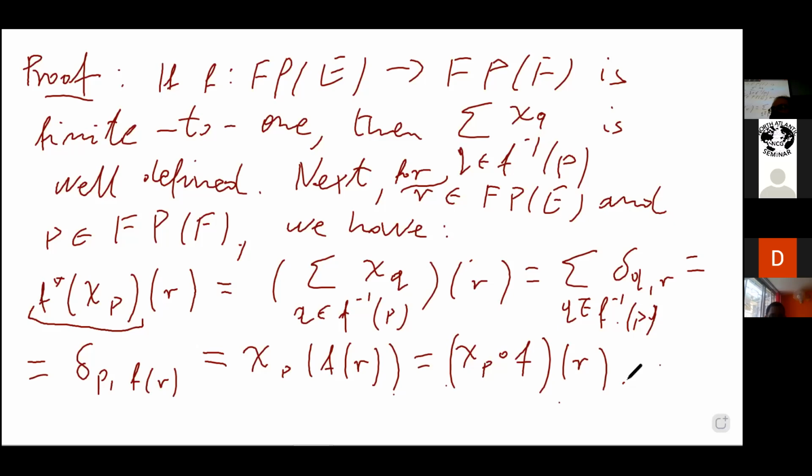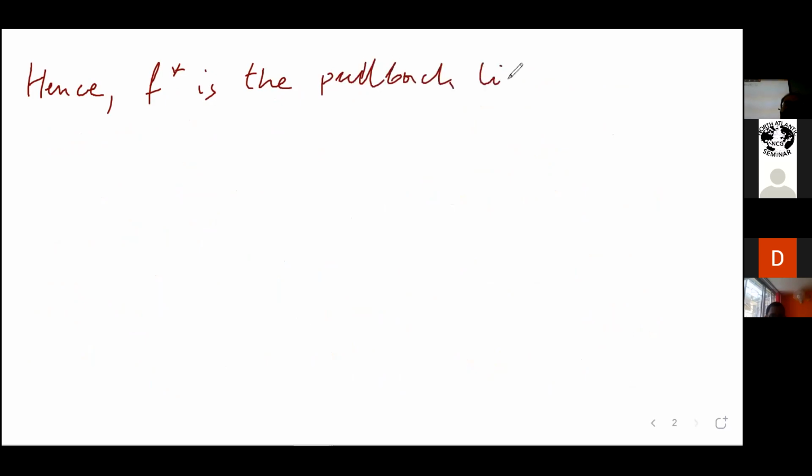So this notation is not coincidental. Okay. So hence F star is the pullback linear map.